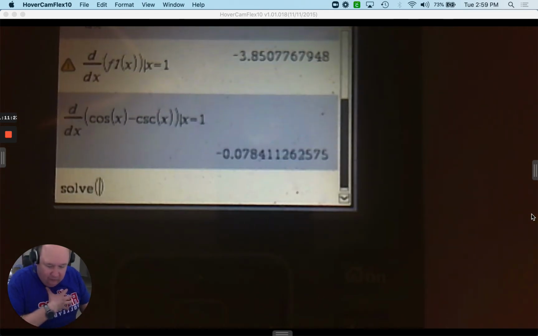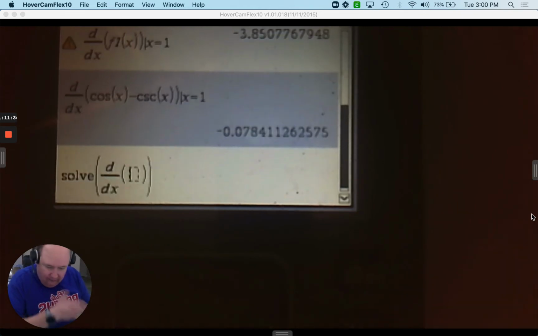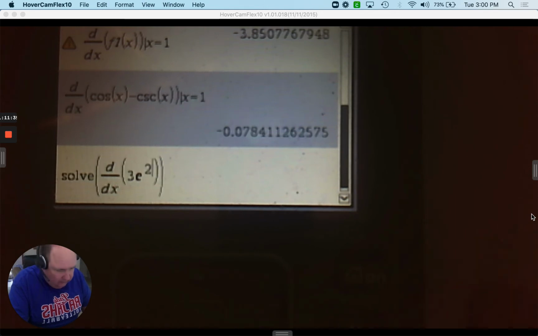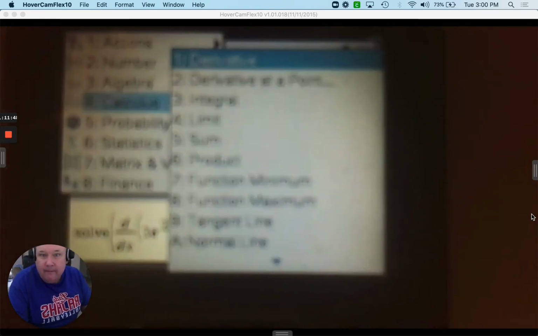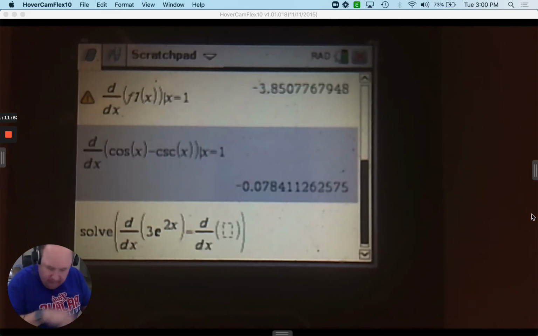And it's the derivative of both sides. So we're going to take the derivative. That's menu, calculus, derivative with respect to x. And then the first derivative is 3e to the exponent 2x. Move the cursor, equals, again, derivative. And the second one is 6x cubed.